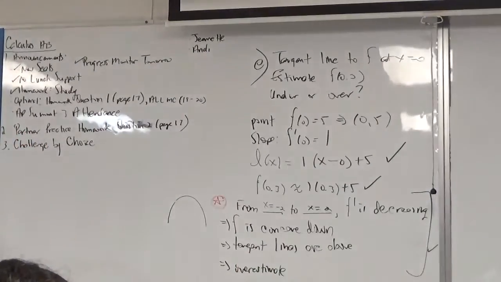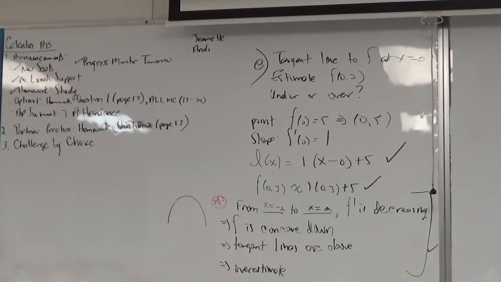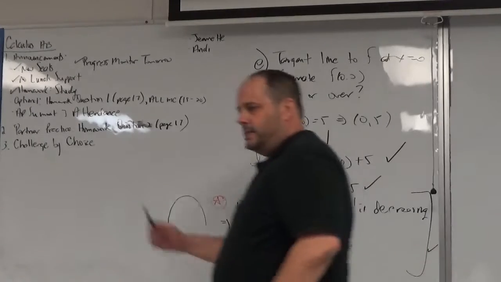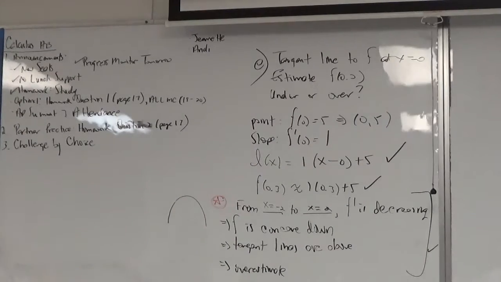All right, part F, let k of x equal cosine of x times e to the f of x. Write an equation for the line tangent to the graph of k at x equals 0. I'm going to do a lap through the room. Wait, k? Or f, right?